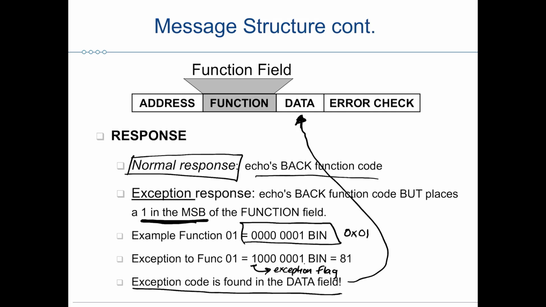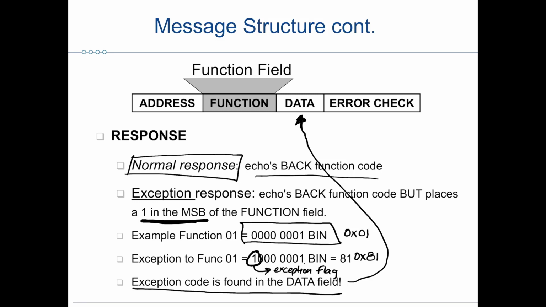But because in this case, when we see the example below, we were flagging an exception to that read coil status, the server put a 1 in this most significant bit location and echoed back the function code to make it 0x, remember that's a hex number, 0x81.